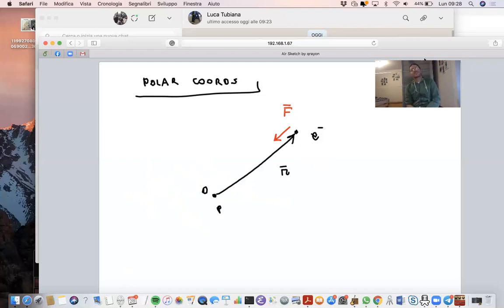It points on the same line of the position. It's a centripetal force. It is a radial force acting in the direction of the center. So the important thing here is that F is actually parallel to R as vectors.